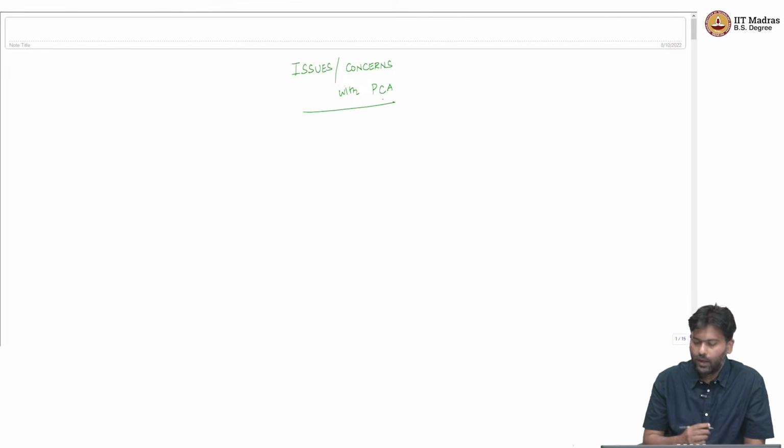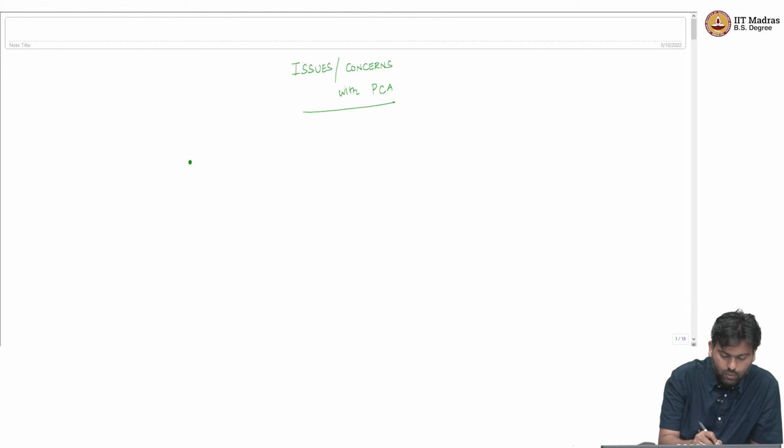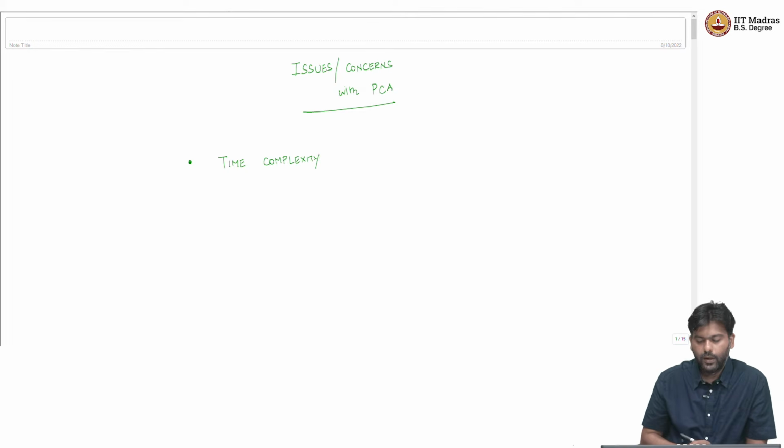The first issue, it's not like a problem, but definitely a concern, is the time complexity. So how much time does it take to run PCA? As computer scientists, you should care about how long it would take to run this algorithm.